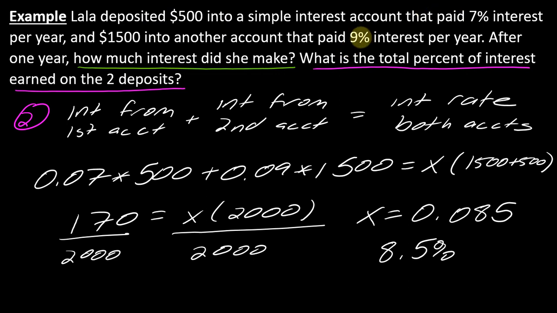So you're not going to expect the total interest amount for both accounts to be as high as 9%. But since most of the money was in that 9% account, you would expect that it would be close-ish to 9%. So the fact that this is pretty close to 9% but not 9%, that intuitively feels right. So you can take a moment just to think about, does the answer actually make sense?